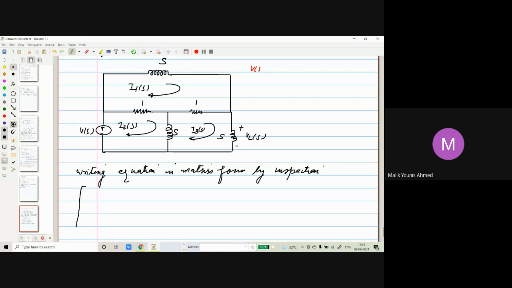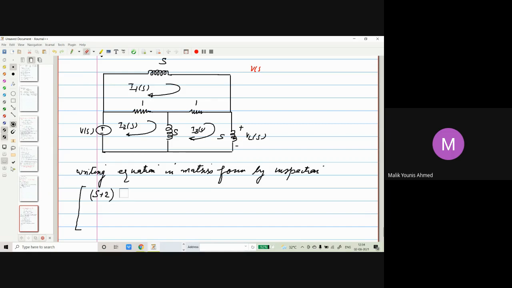Simply we can write again. Loop 1 will be s plus 1 plus 1. That we can simply write, s plus 1 plus 1 is s plus 2. So we don't need to worry about this. I can directly write this is s plus 2.